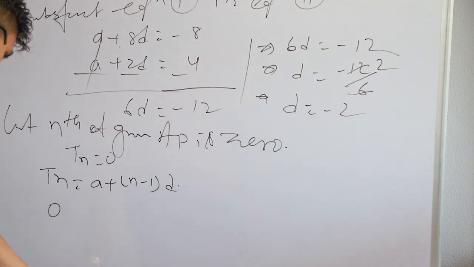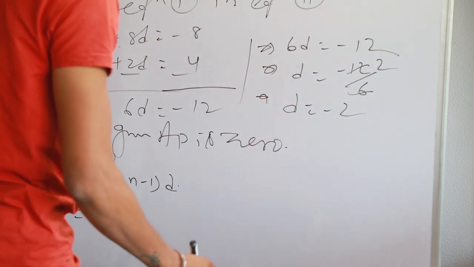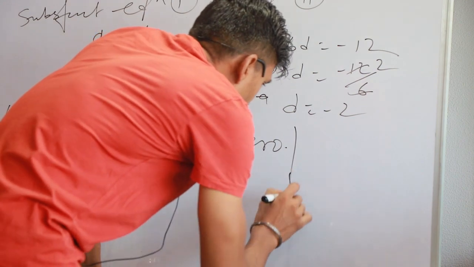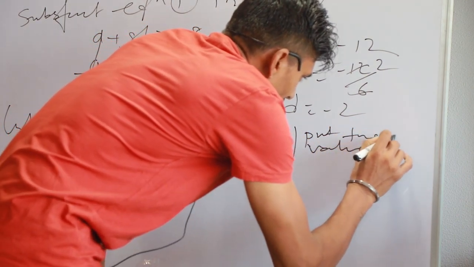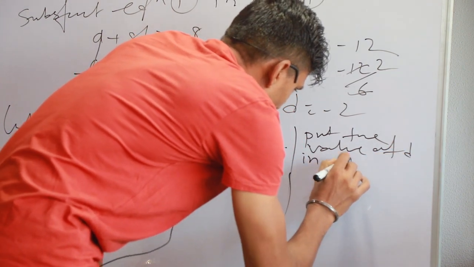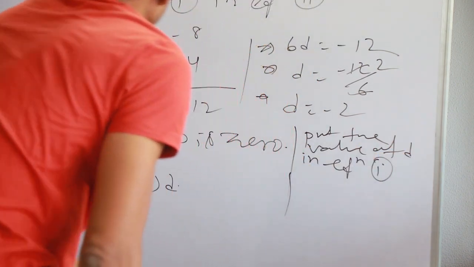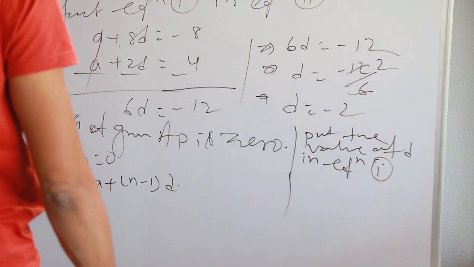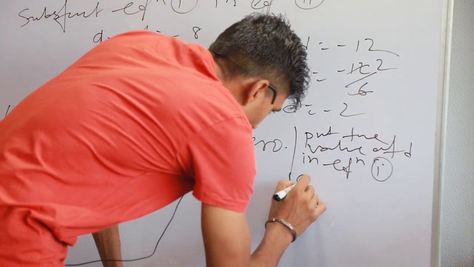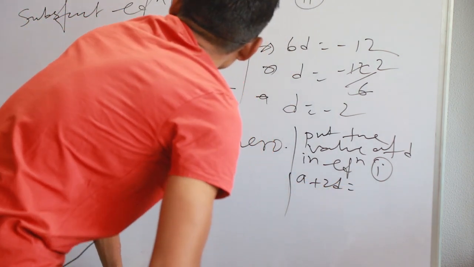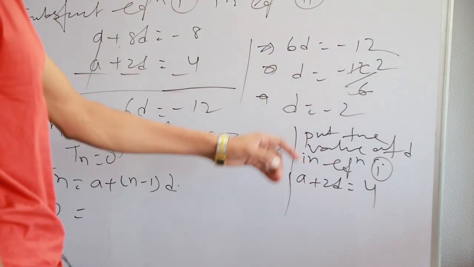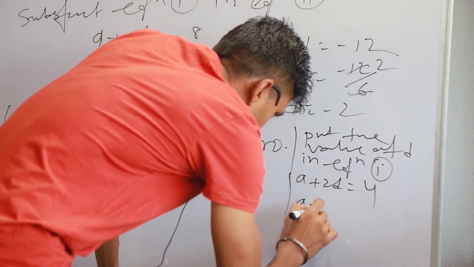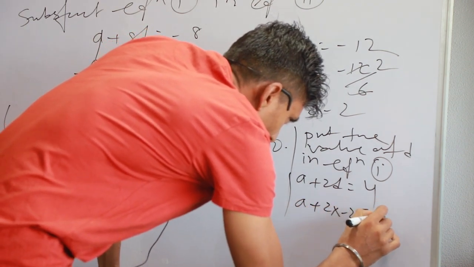So we are writing 0 equal to the value of A. We didn't find the value of A. Here we find the value of A. Put the value of D in equation 1 first. D का वैल्यू इक्वेशन फर्स्ट में डालते हैं, क्या होता है? A plus 2D equal to 4. So what is the value of D? That is minus 2. So we write A plus 2 into minus 2 equal to 4.